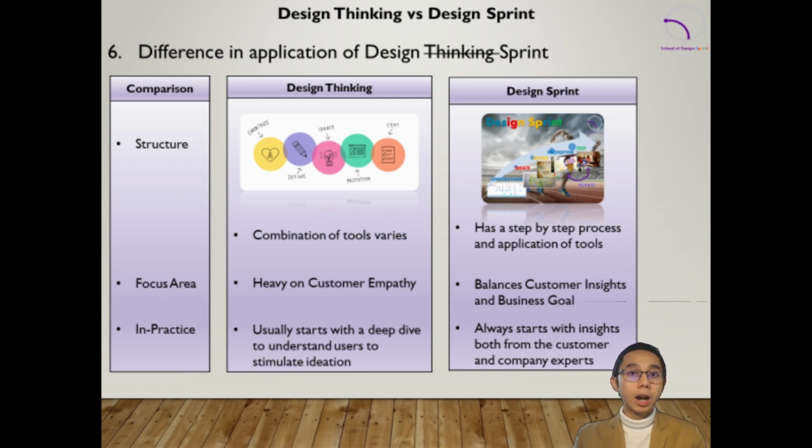It involves conducting user research, analyzing data, and brainstorming ideas before you prototype and test a solution. The design thinking approach is more holistic and involves multiple stakeholders, not only a cross-functional team like design sprint does, but really multiple stakeholders.